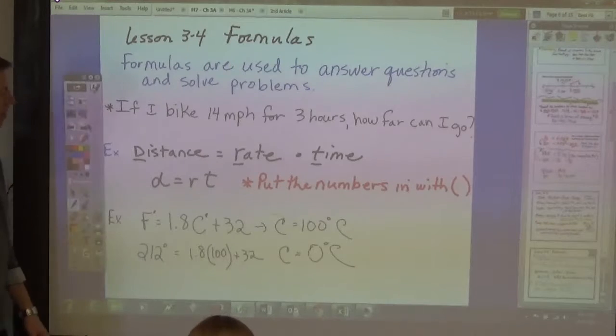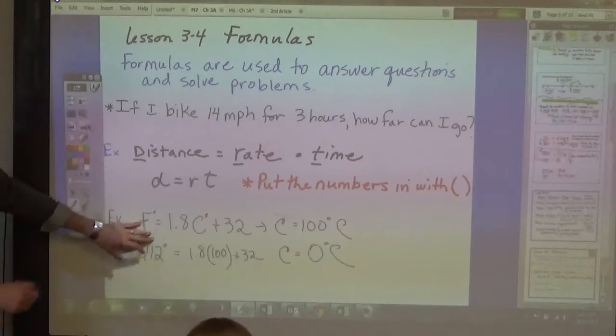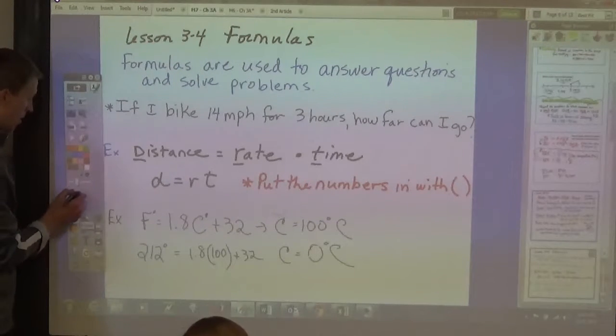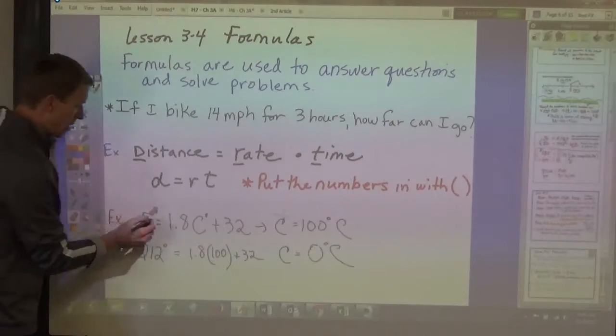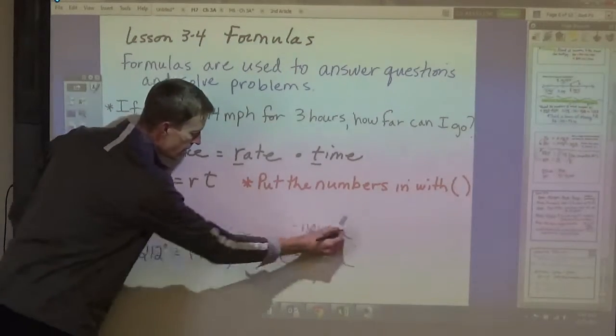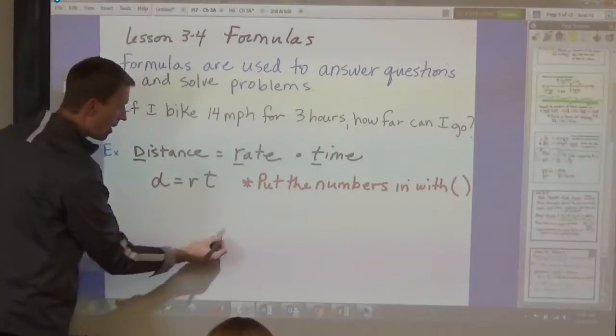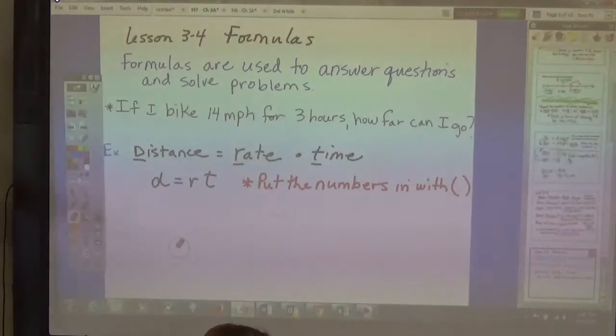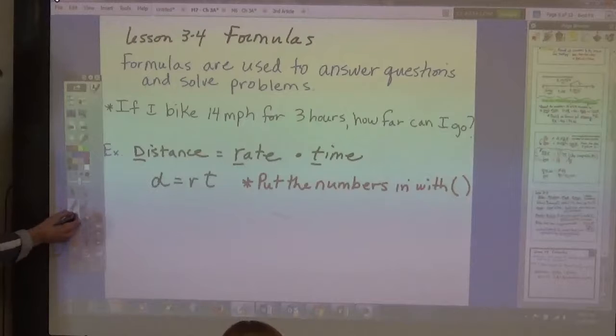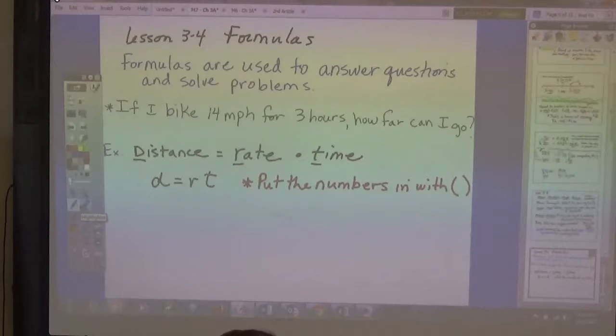But formulas are also used for finding information that is not just the distance. If you know what the distance is, you can also find the rate or find the time. You can use the formula and then manipulate it to solve for one of the other variables. All right?